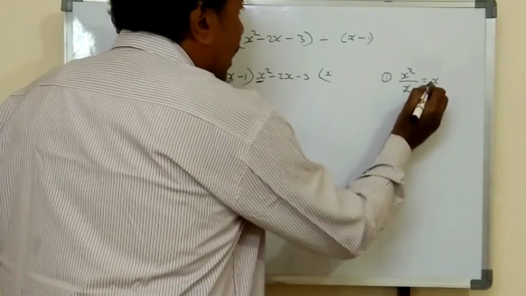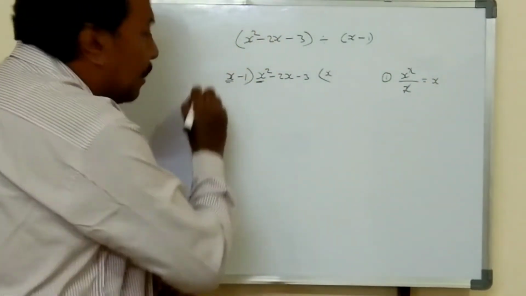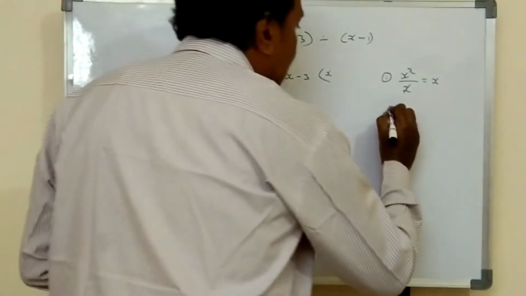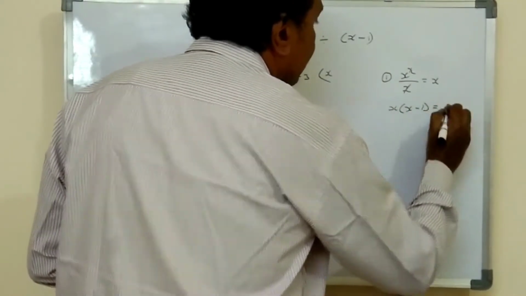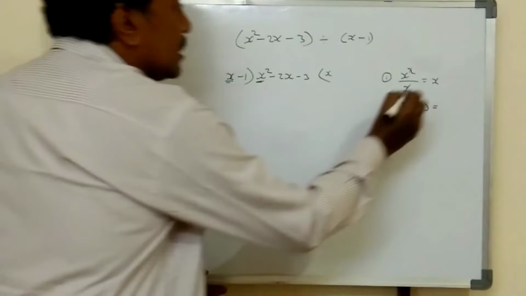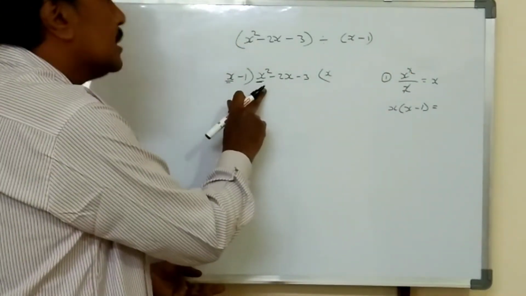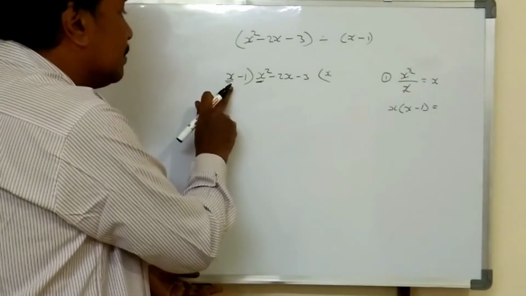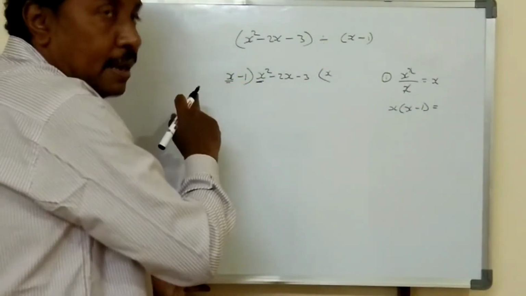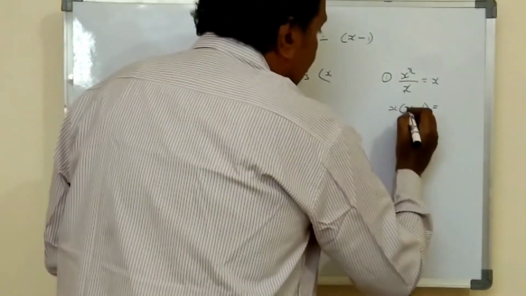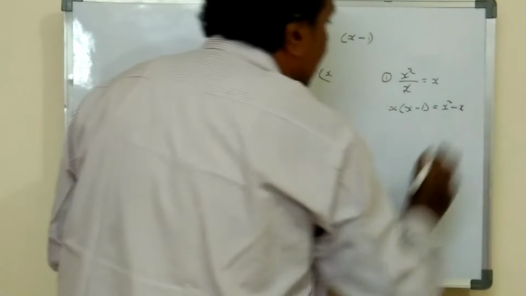Now multiply this answer with the entire binomial. That means x into x minus 1. The answer is multiplied with the entire binomial. x into x minus 1 is x square minus x into 1, which is x.